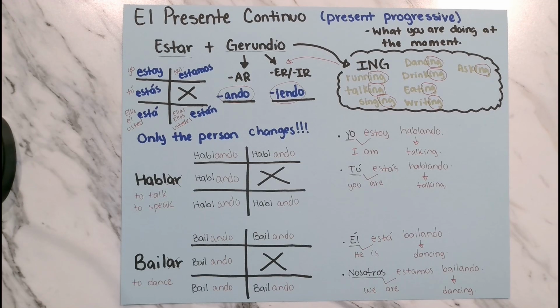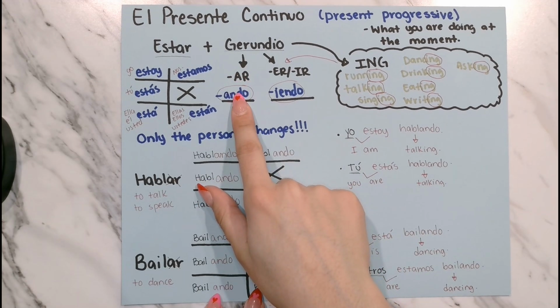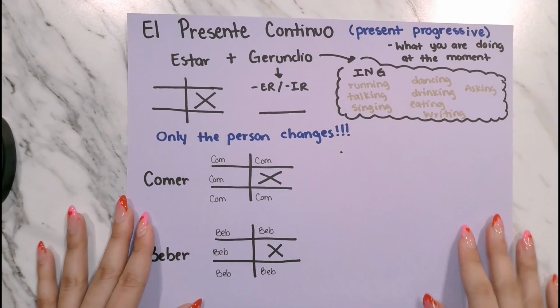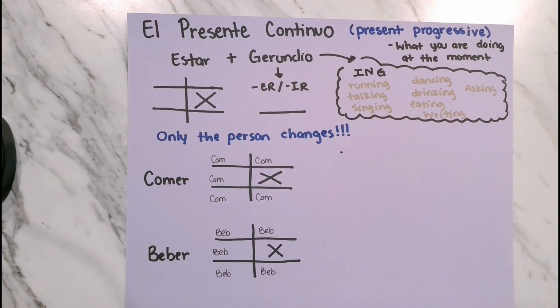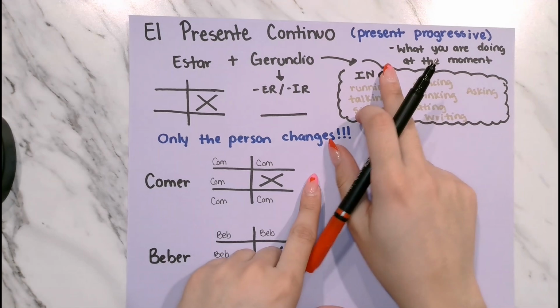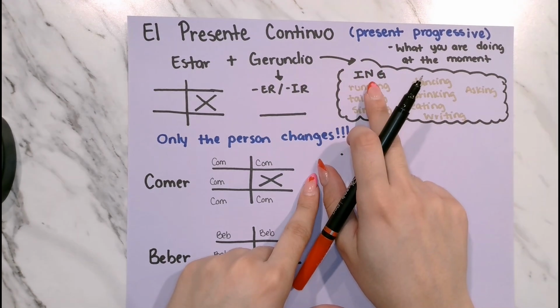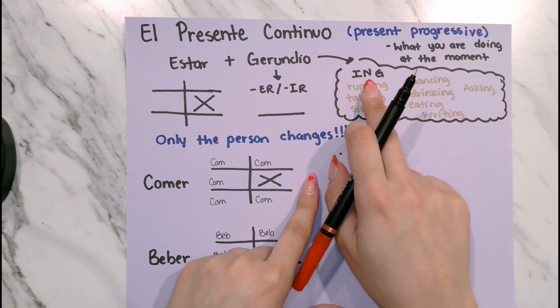Alright, now that we are done talking about AR endings, we're going to go to ER y IR. It's going to be the same thing. It's what you're doing right now at this moment, not past or future. We already know that el gerundio is the last three letters in English.